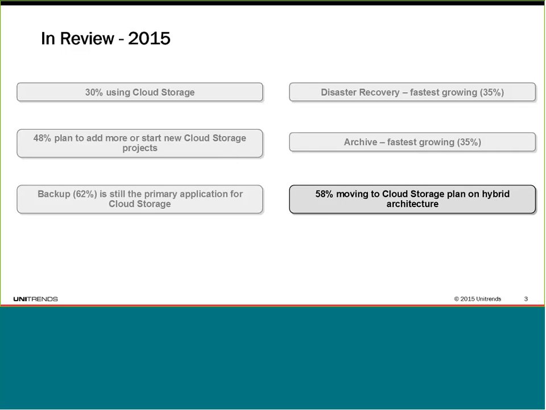And lastly, and most interesting out of this 2015 survey, is that 54% of the organizations planning on going to cloud are planning to do that in a hybrid method. That means storing the data both on-premise in their primary data center or primary site for immediate recovery, as well as in the cloud for either long-term backup, long-term retention and archive, or for disaster recovery.